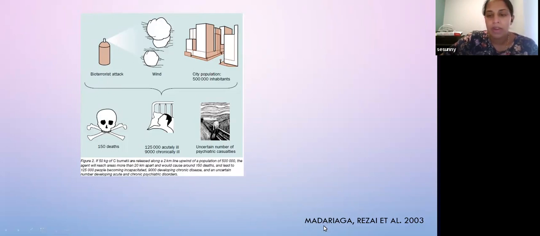So this was taken from a paper by Madariaga, and they just illustrated, just to give you an idea of the morbidity that's associated with use as a weapon.